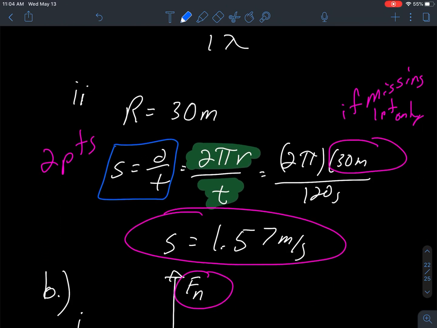Plugging that in, 2 pi times 30 divided by 120, you get about 1.6, or 1.57, meters per second for your speed. So this part was worth 2 points. You got 1 point for the full answer, which, if you got the full answer, chances are you're going to get both points.